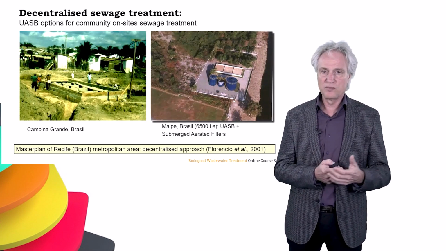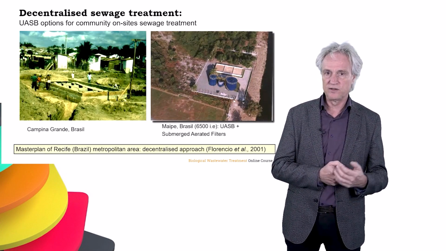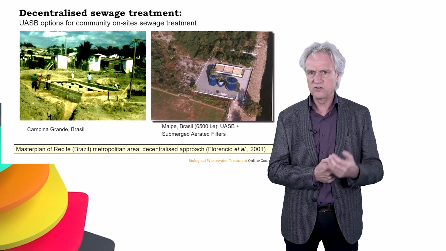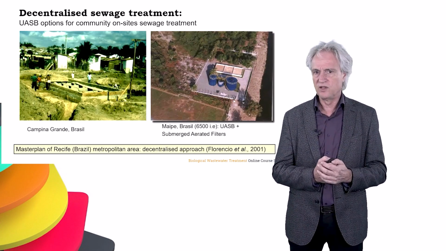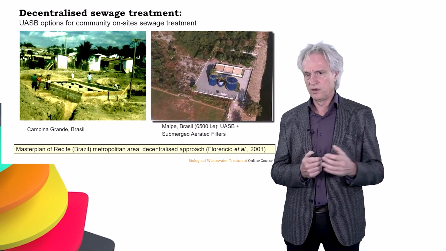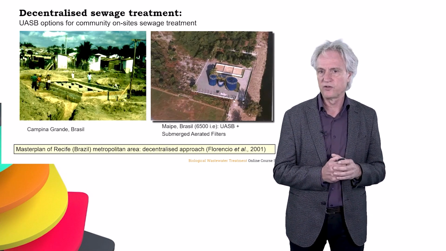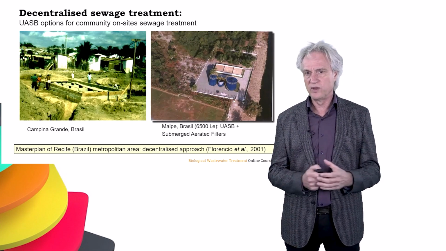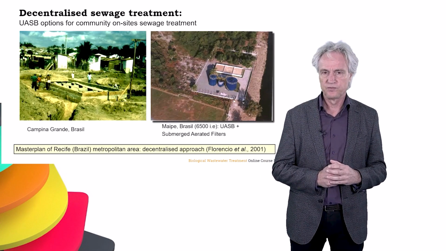Now here you see two examples, one in Campina Grande that was tried also in the 90s, and another one on the right in Maipe, Brazil, 6,500 population equivalent, which is a USB reactor and submerged filters.